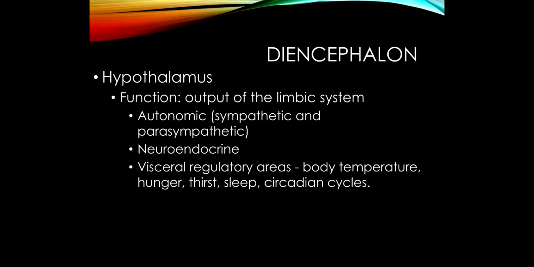Of course, the hypothalamus gets input from the brain, but it's the head ganglion. The hypothalamus controls the pituitary, so our neuroendocrine function here is important. And Dr. Perot will talk about these visceral regulatory areas in the hypothalamus. Important things like controlling satiety when you're full, or body temperature, circadian rhythms, and sleep cycles, all a function of the hypothalamus.